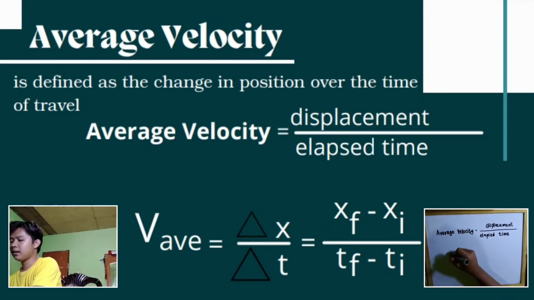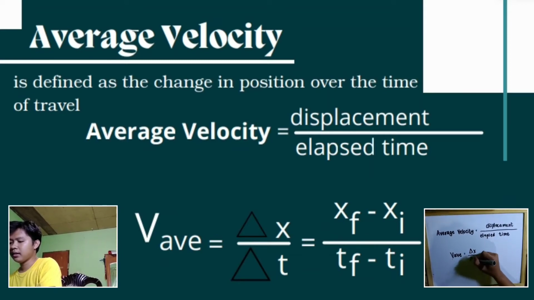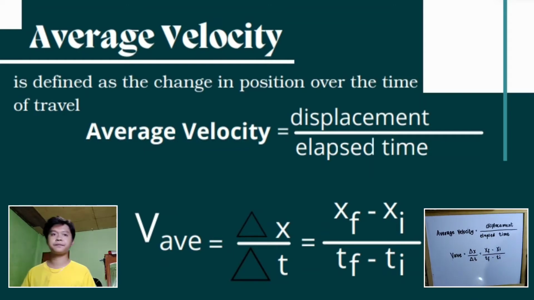We have here V average equals delta x over delta t equals final position minus initial position over final time minus initial time.